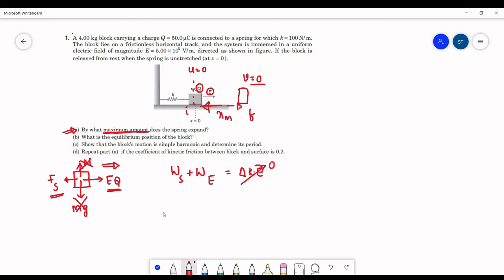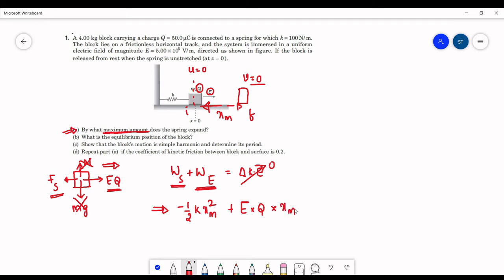As the spring force is a conservative force, the work done by it will be equal to minus the change in potential energy stored in the spring, which is half kx squared. Work done by the electric field will be equal to electrical force into displacement. Electrical force is E into q and displacement here is xm.